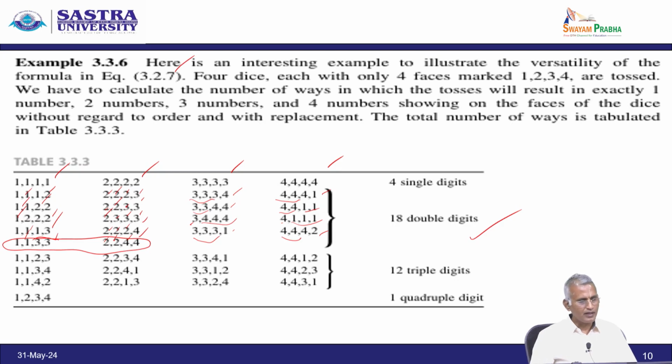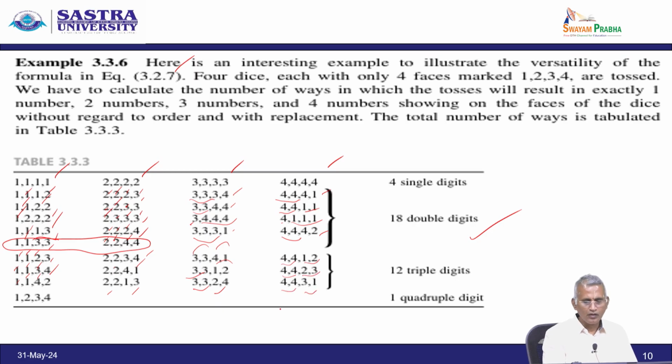So, based on that we have other triple digits: 1123, 1134, 1142, and based on 2234, 2241 and 2213, and here 3341 and 3312, 3324, and here 4412, 4423, 4431.